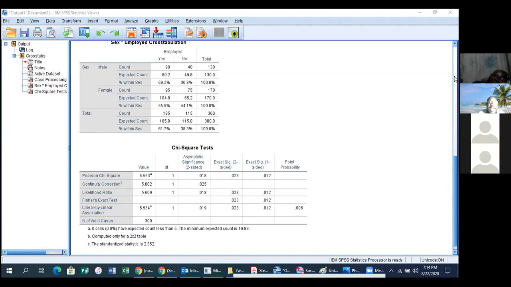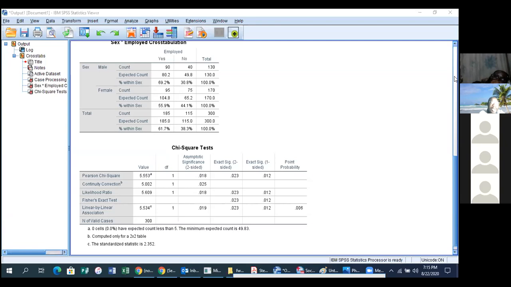The expected counts are the ones we calculated yesterday. That is the value when the null hypothesis is true. If the proportion of male that are employed is the same as the proportion of female that are employed, we are supposed to have 80.2 male employed.